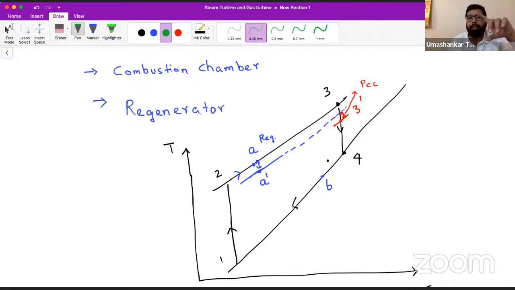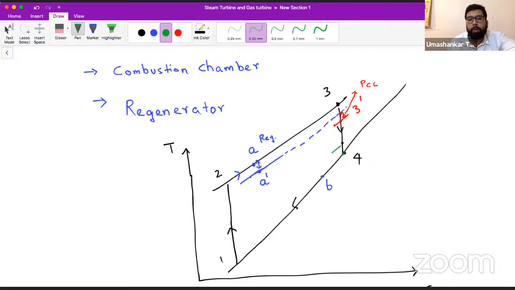So it will expand and then go into the regenerator. But there are some pressure losses going to happen in the 4 to B section also. If we expand in the turbine till this point 4, and further reduction of pressure happens, then our cycle will not be completed.